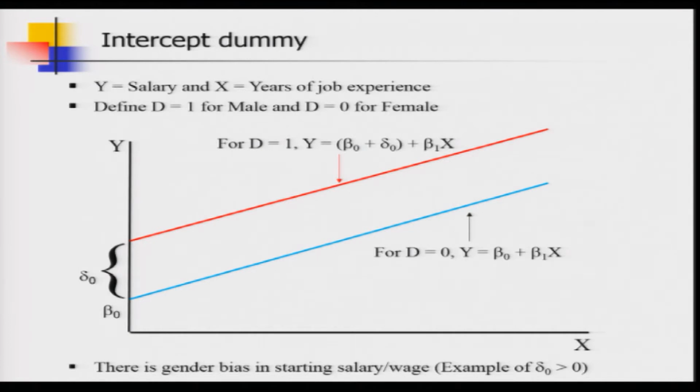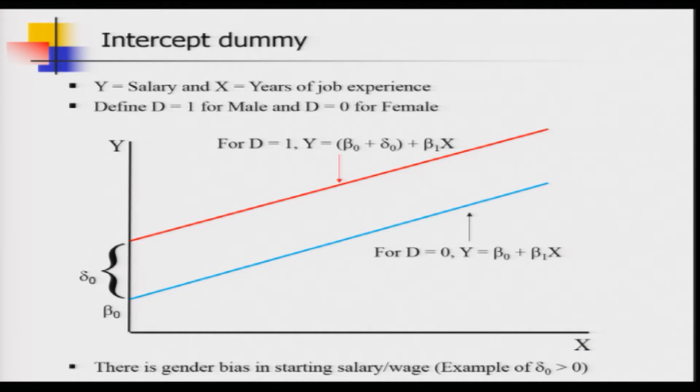Now, note that the way we have drawn these two lines means something. What is the gap between these two straight lines? The gap is in terms of the symbol delta naught, which is the regression parameter associated with the dummy variable d. The way I have drawn this diagram implies that I am working with a positive delta.